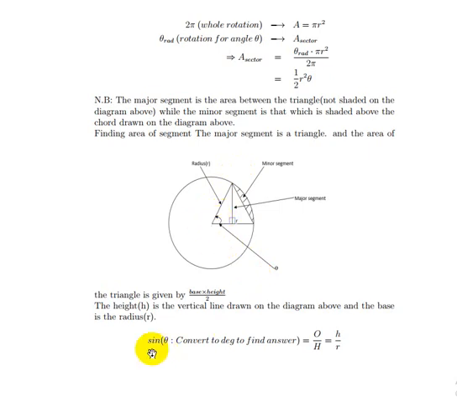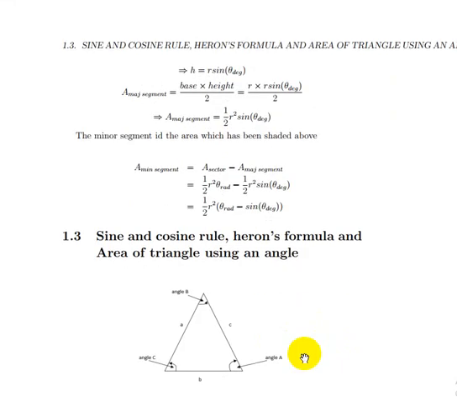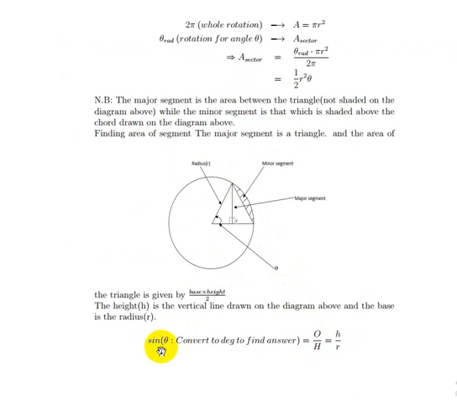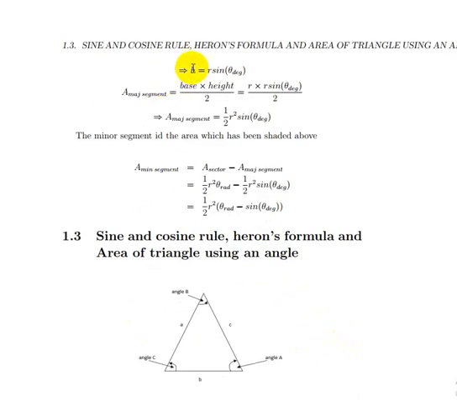So the sine of theta is going to be opposite over hypotenuse. I'm trying to find this height, so the opposite is the height, all over the hypotenuse, and this hypotenuse here is the radius. So since it is opposite, sine theta is height all over radius, which implies that the height is going to be the radius times sine theta.